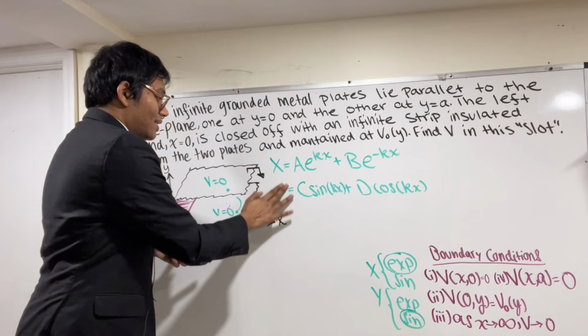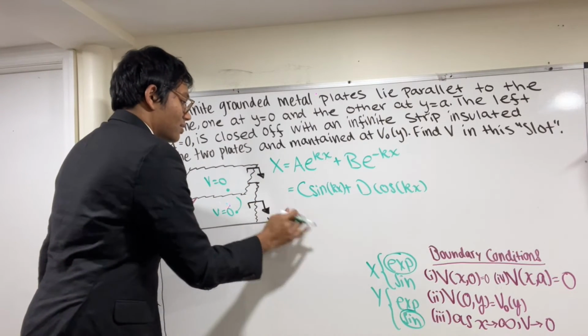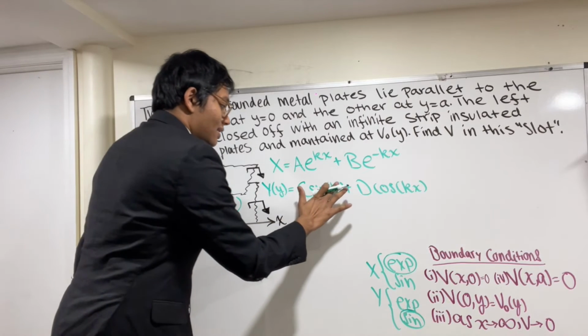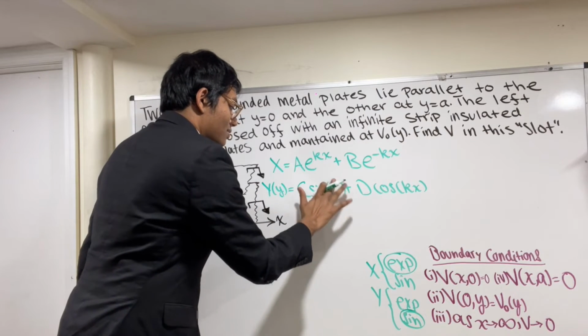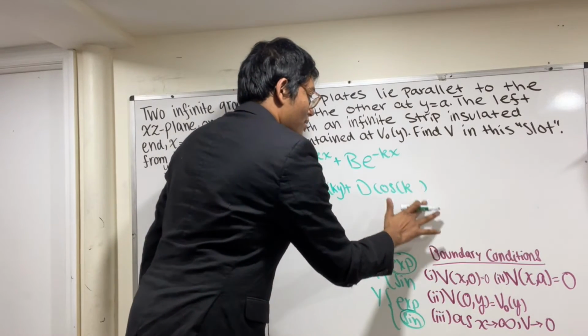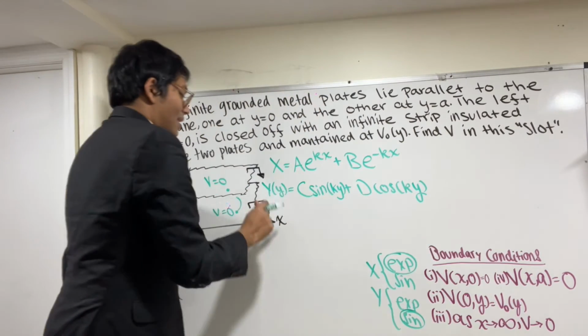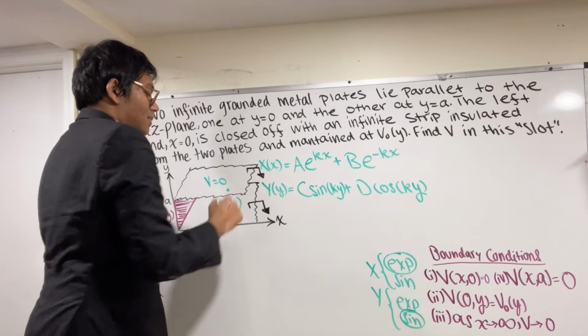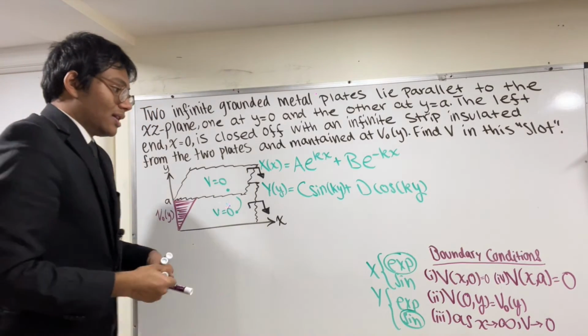This y is a function of lowercase y. And I have made a grievous mistake in writing x instead of y here. So pardon that, and we will be good to go. So this should be y right here. And x is a function of lowercase x. Well, all right.